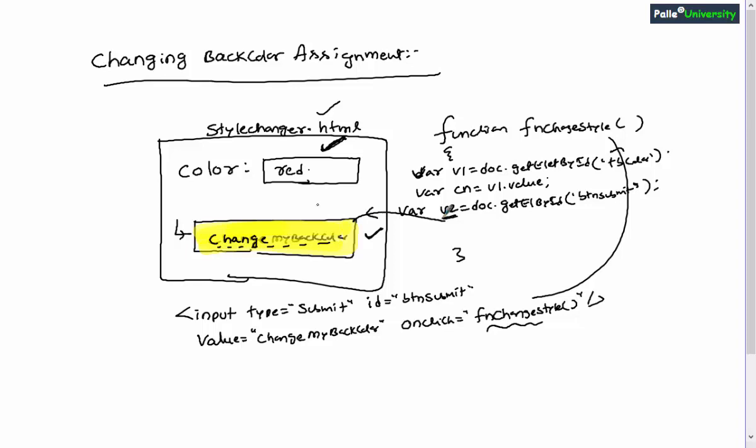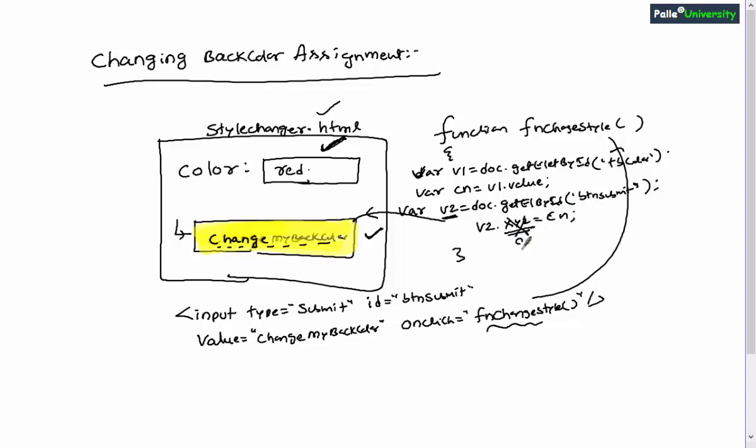Now by using this v2, you have to change the appropriate property for changing the background color. In case you know the property name, let us say the property used for changing the background color is xyz, obviously we will write v2.xyz is equal to maybe cn. But anyhow you don't know this property.